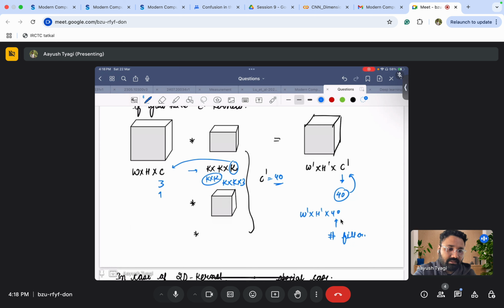In the first layer, you will have a convolution filter which is K cross K cross 3, right? And you do a convolution. Then in the next layer, you'll have a filter with dimension 3 cross 3 cross 40. So this always matches your output, right?